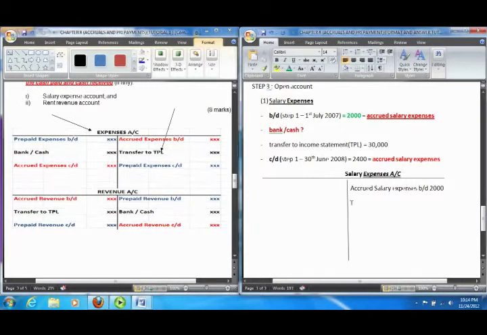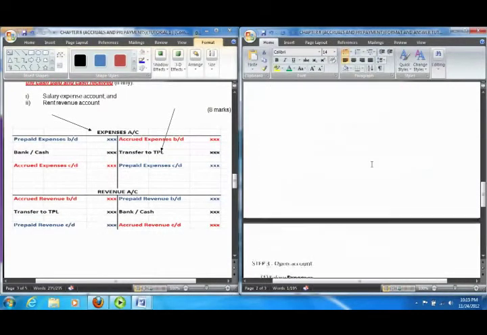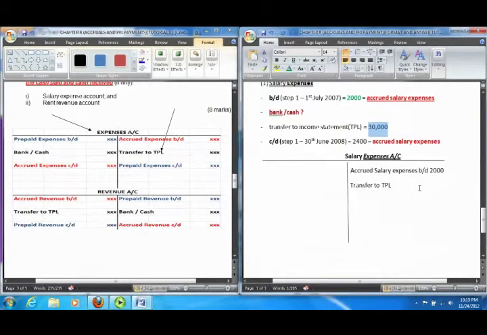So your transfer to TPL, or you consider as income statement, I accept. How much? Based on the information given, you have extracted the information in your step 2, correct? Salary expenses. Alright, it is 30,000.